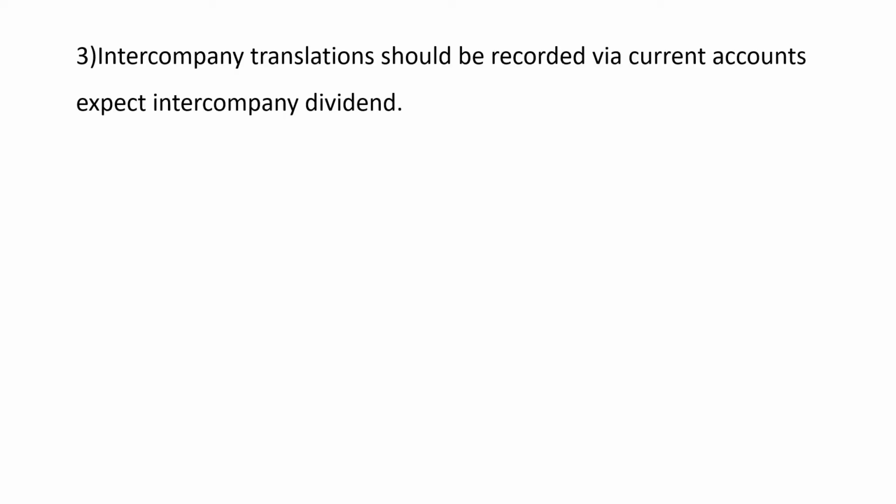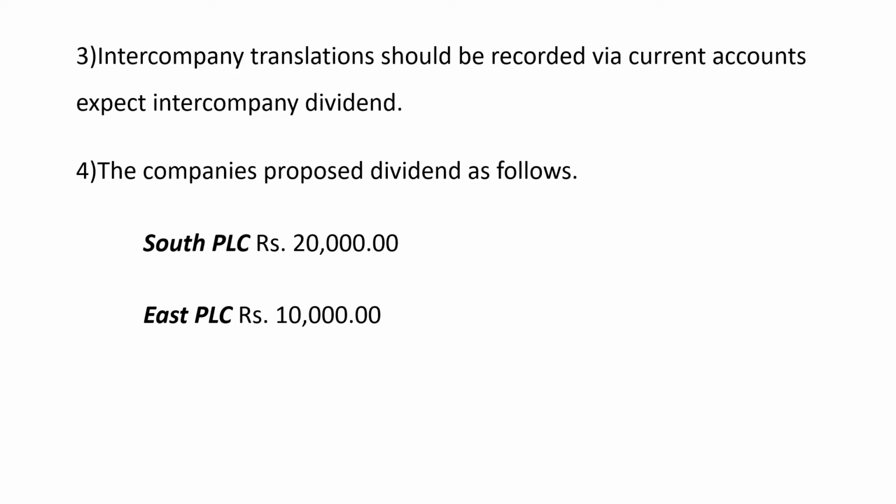In the third adjustment, it says intercompany transactions should be recorded via current accounts except intercompany dividend. And in the fourth one, it says the companies' proposed dividends are as follows: South PLC 20,000 and East PLC 10,000. Let's see how we are going to account for it.